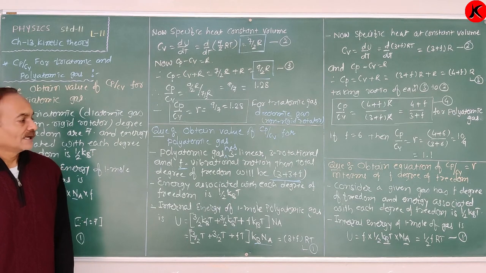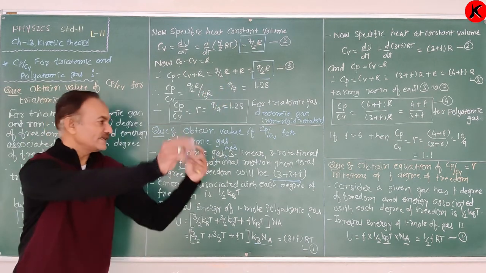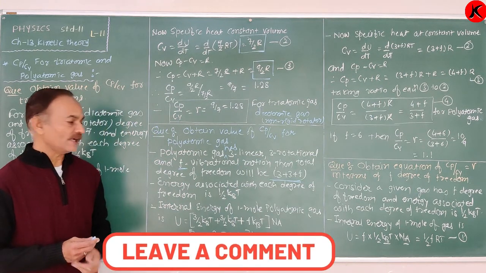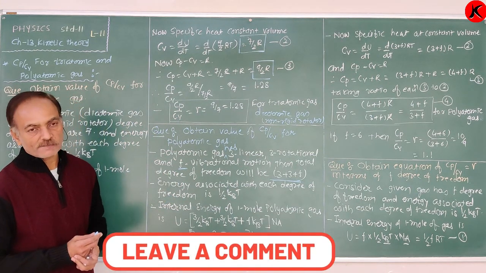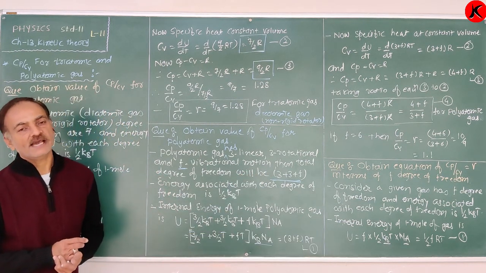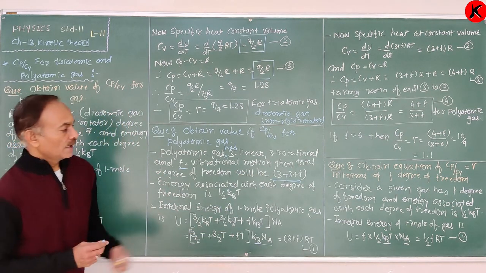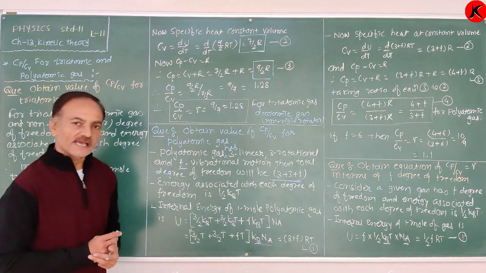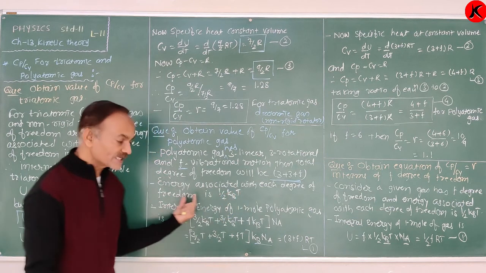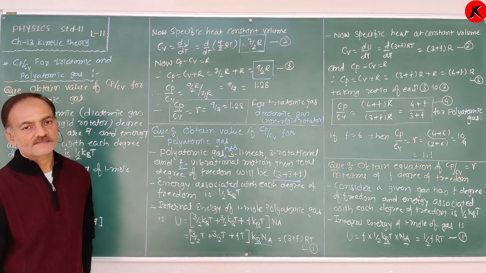Again, the polyatomic gas has 3 linear, 3 rotational and F vibrational motions. Then the total degree of freedom is 3 plus F. From the law of equipartition of energy, the energy associated with each degree of freedom is half kBT.